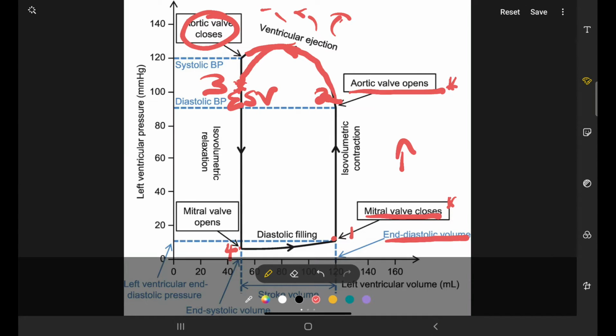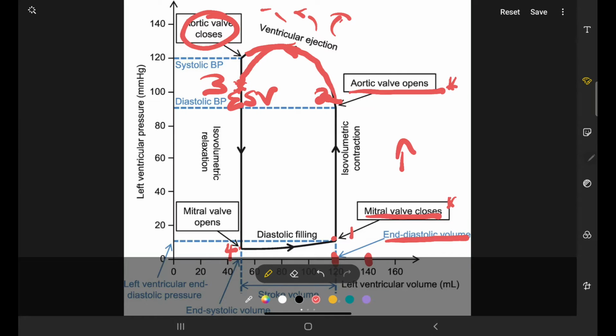If there's an increase in preload, we say there will be an increase in the end diastolic volume. So our end diastolic volume was here. It will increase to, let's say, 140 from 120. If it increases to 140, what you're taking out will be more. So your stroke volume will be more.